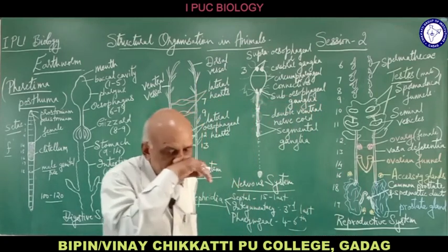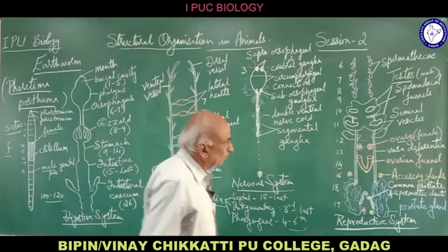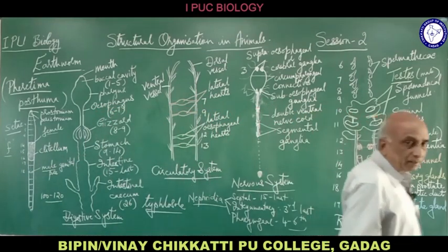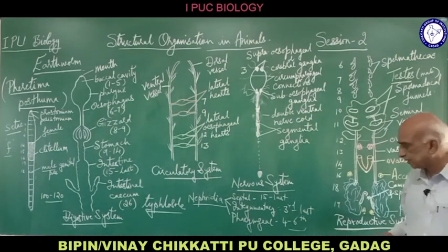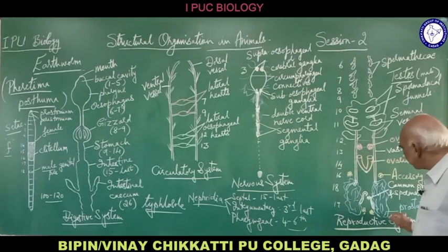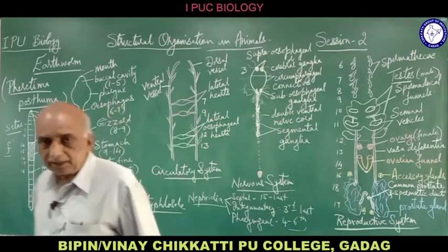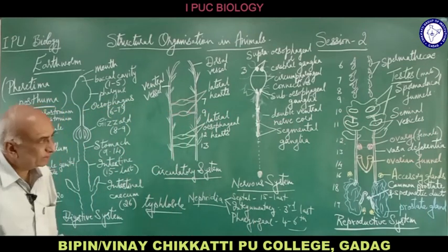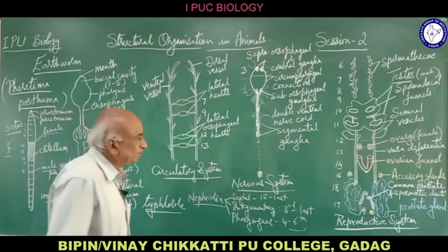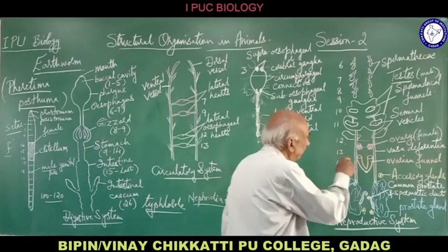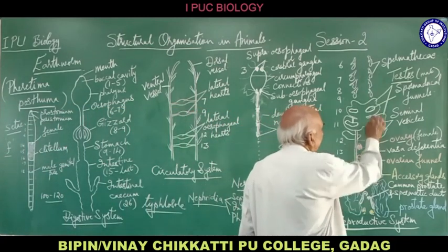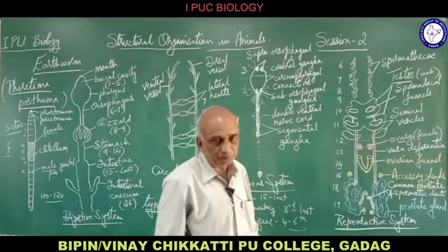Now coming to the reproduction, how the reproduction takes place. In the case of earthworm, though the earthworm is bisexual, the sperms and the eggs, that is the female gametes of the same animal, do not fuse.